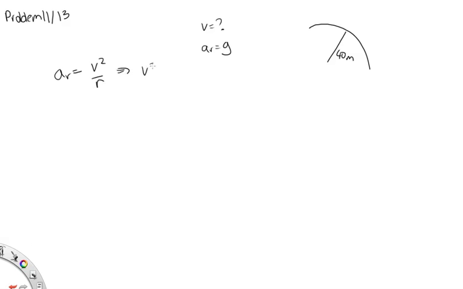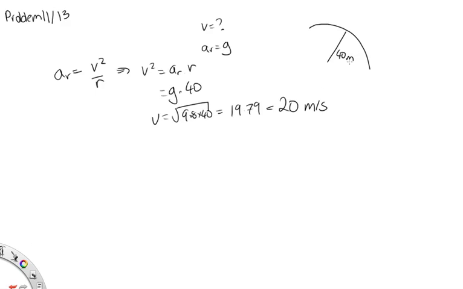So we have v squared is equal to ar times r, which is g times 40, and so v is equal to the square root of 9.8 times 40, which is equal to 19.79 or 20 meters per second. Two significant figures, as 40 meters is to two significant figures.